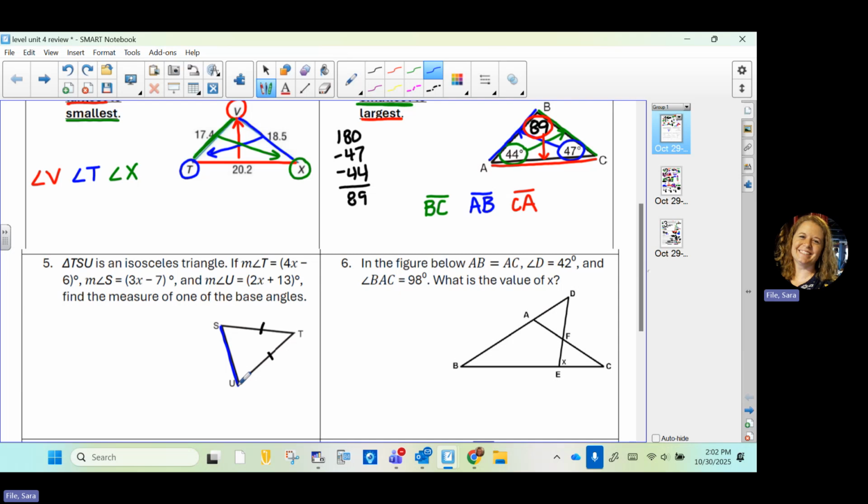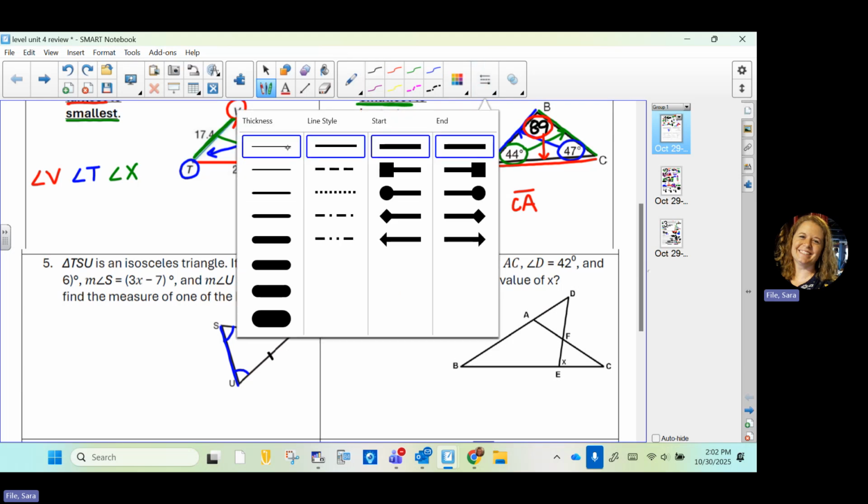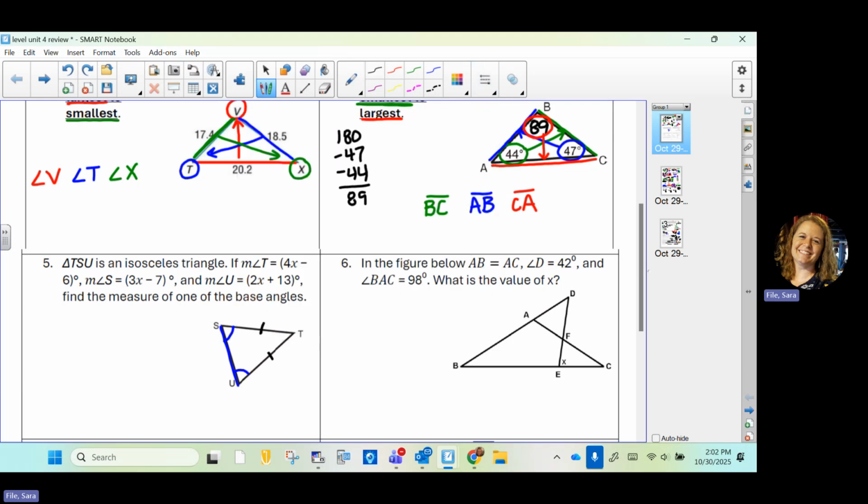And the base is what connects the base angles. So T and U are the base angles, meaning those are the congruent angles. Y'all follow? Yep.